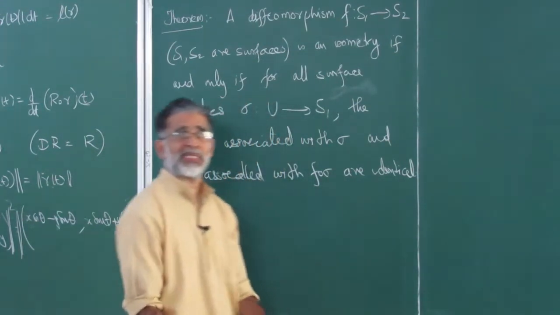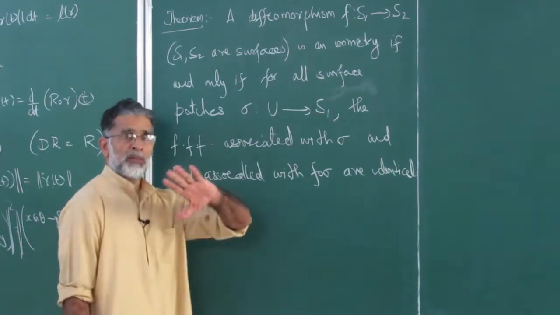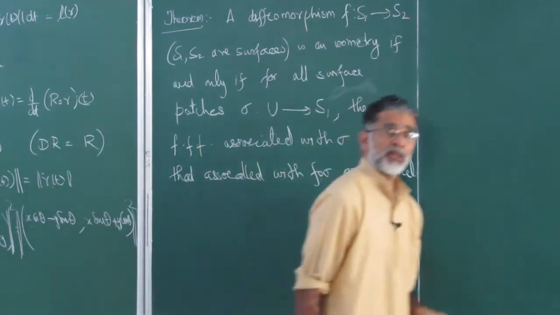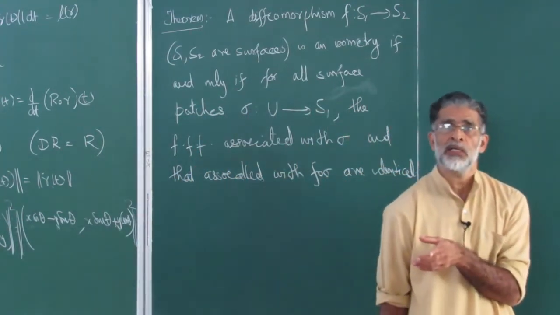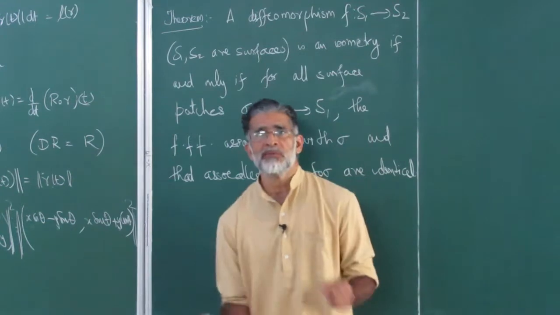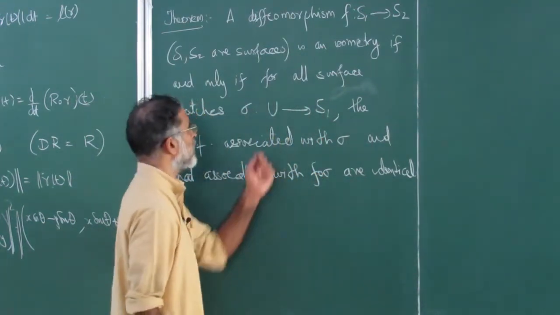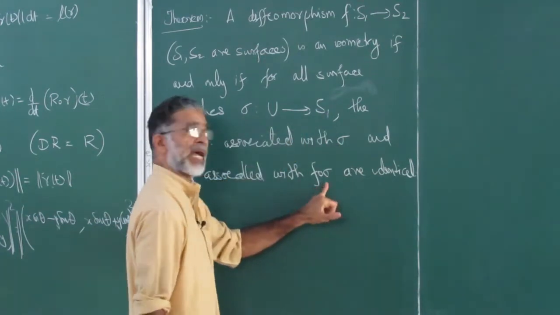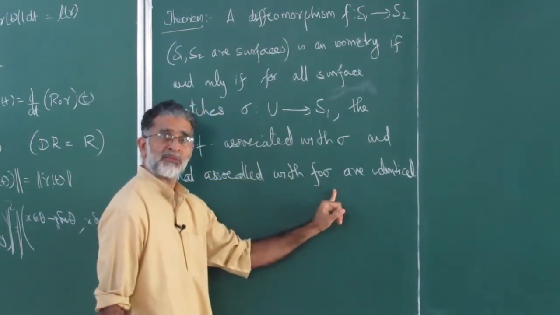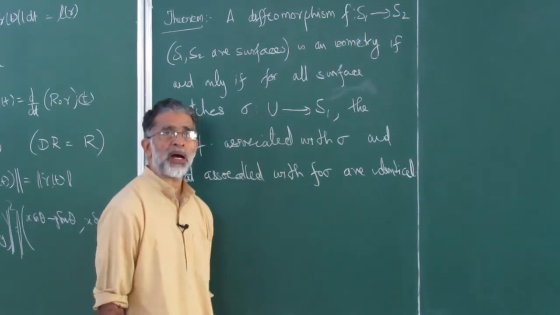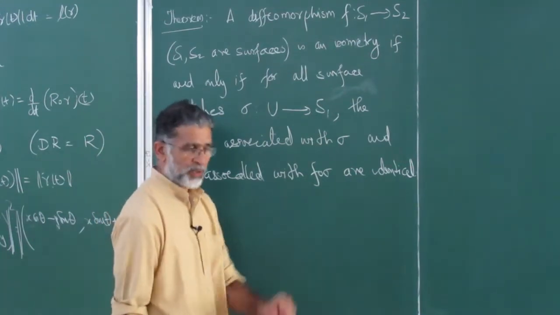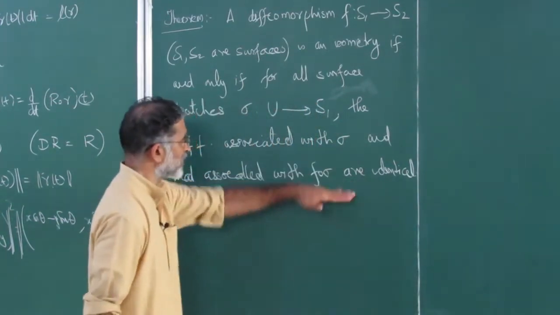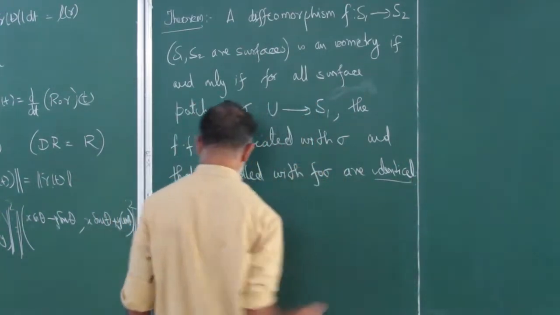That's what it meant by saying that the two forms are equal, because in the du, dv parts there is no change. The only thing that changes is the coefficients. So two forms are equal if and only if their coefficients are equal. So E, F, G, the triple associated with sigma, and E tilde, F tilde, G tilde, the triple associated with F composite sigma, are identical. That's what this means. Okay.